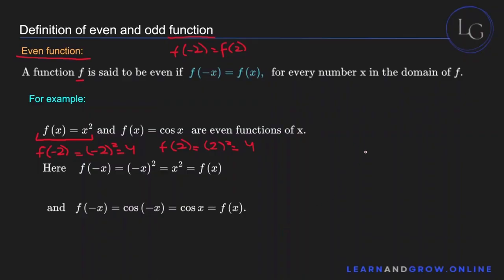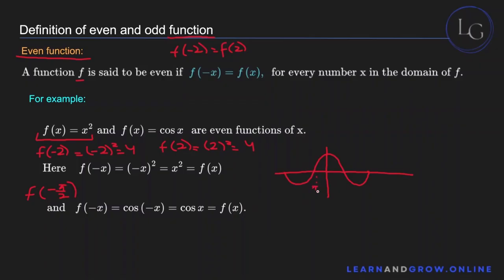Another very nice example of this is the cosine function. Now see here, the graph of the cosine function looks something like this. Now, if you plug in, say, f of negative pi by 2, that's this point here, right?